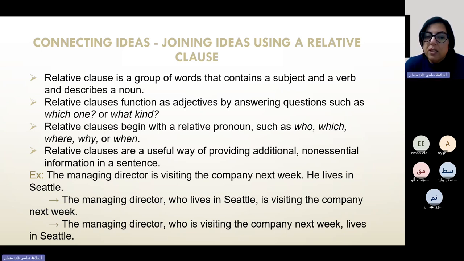Relative clauses begin with a relative pronoun such as who, which, where, why, and when. Relative clauses are a useful way of providing additional non-essential information in a sentence. Okay?